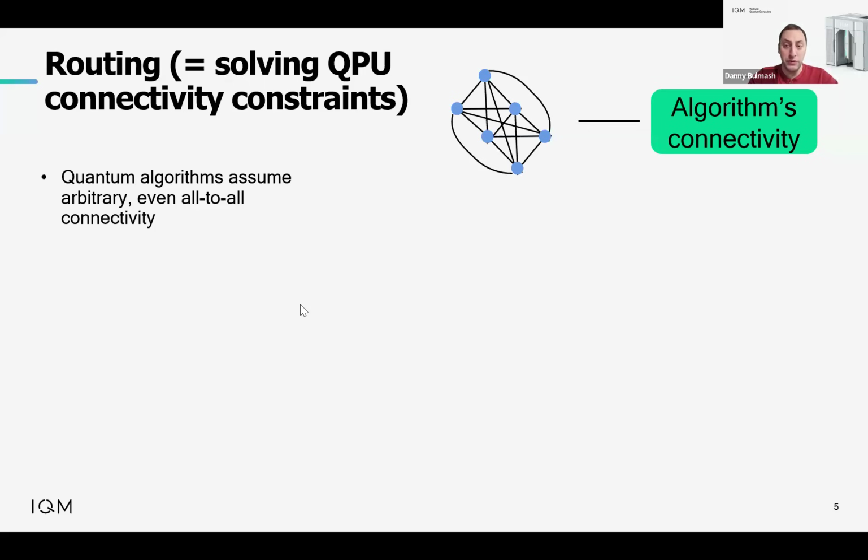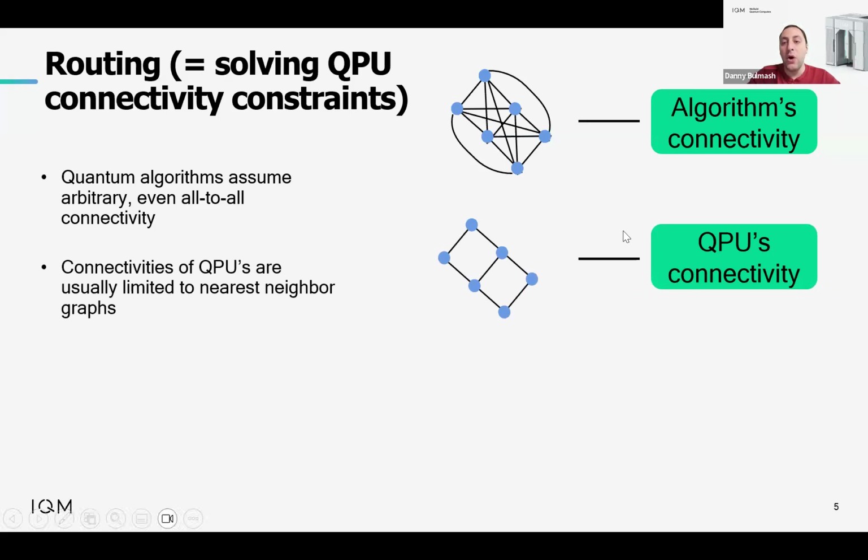Now, this is true for some quantum computers. For example, Sirius has essentially all-to-all connectivity. There's a little bit of a caveat there, but it's basically all-to-all connectivity. But not all quantum computers behave like that. For example, Emerald and Garnet only have neighboring qubits that can talk to each other.